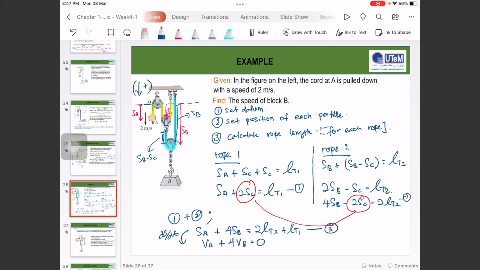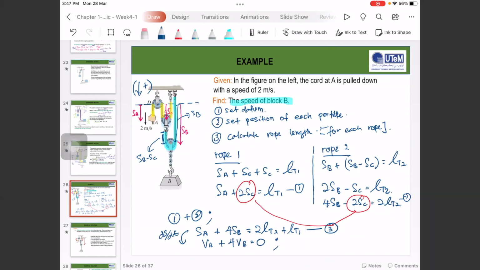Okay. Dia masukkan dalam equation, what is the speed of block B? Okay, tanya kan, what is speed of block B? Masukkannya lah. So VA, A tu ke bawah. Okay.